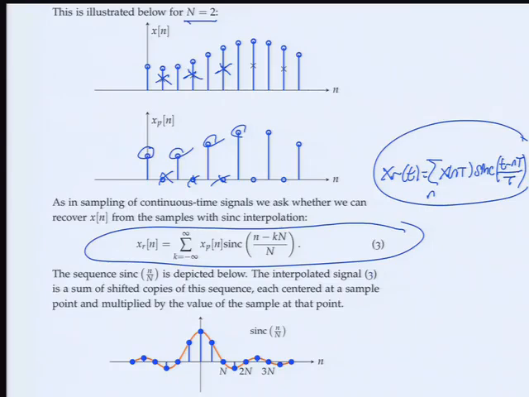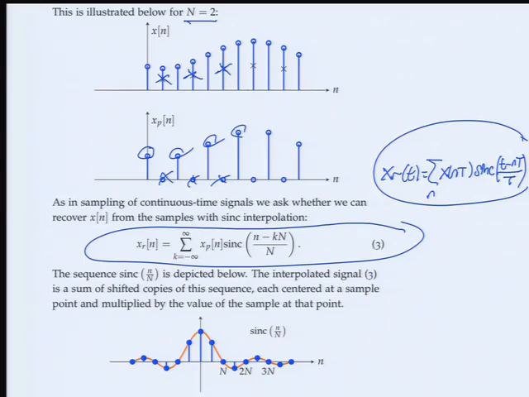When we do little n by big N, it will cross 0 when little n becomes capital N, or 2 times N, or 3 times N. And that's exactly what you see in the picture below: this is sinc(n/N), and the 0 crossings occur at integer multiples of big N.